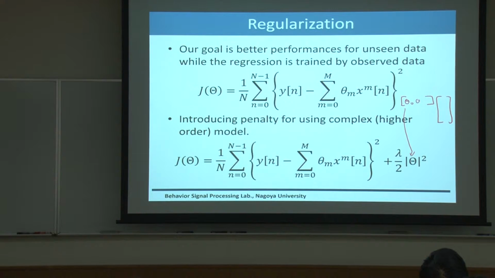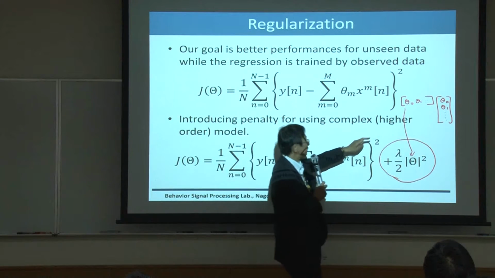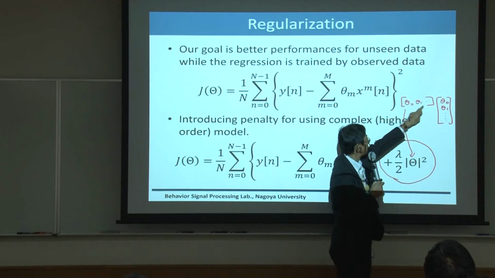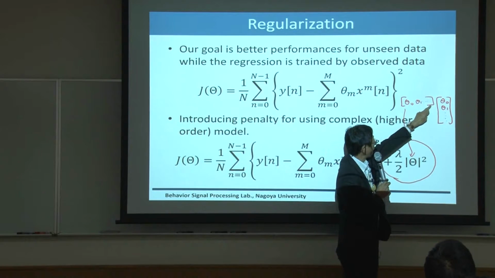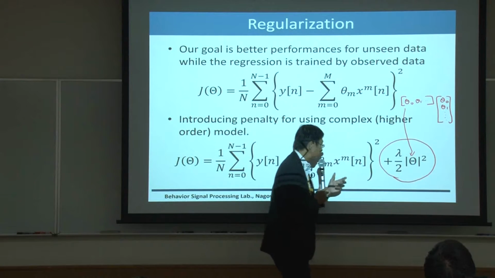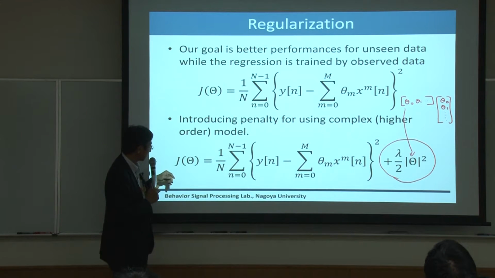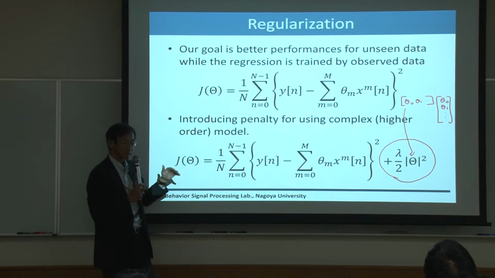Theta 0, theta 1, and so on. And because of this, when theta has a big norm, then the goodness of the model becomes less.